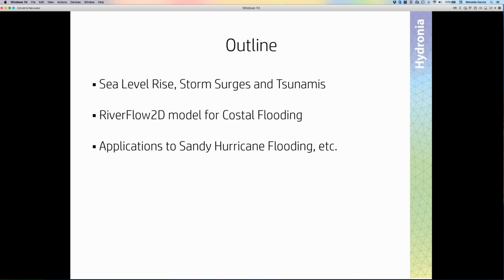And I will share with you some animations and applications of the River Flow 2D model for coastal flooding, mainly the Sandy hurricane flooding in Manhattan that occurred a couple of years ago, but also other applications, some of them provided by users and clients that we have.